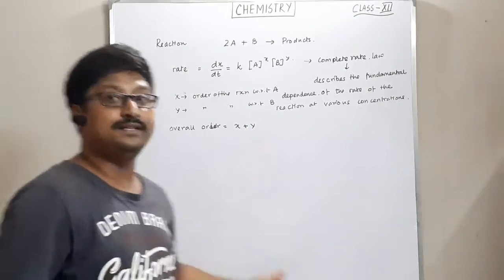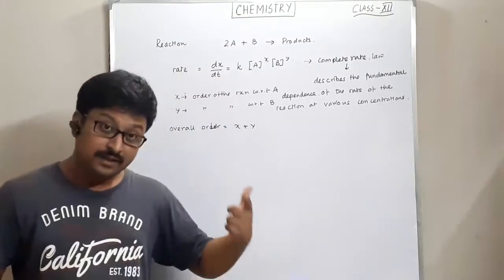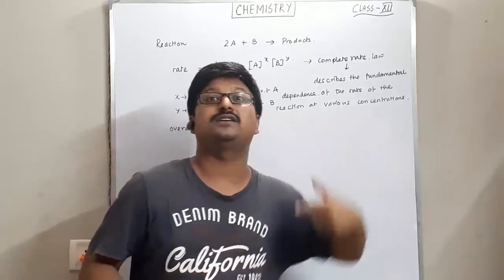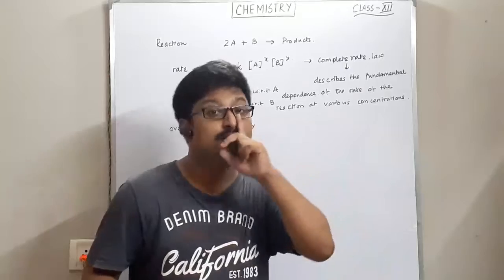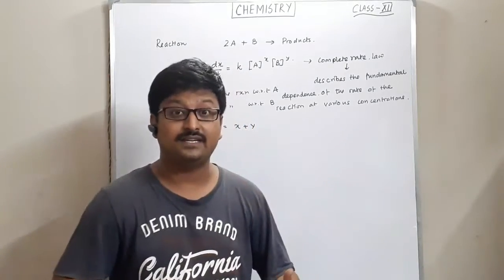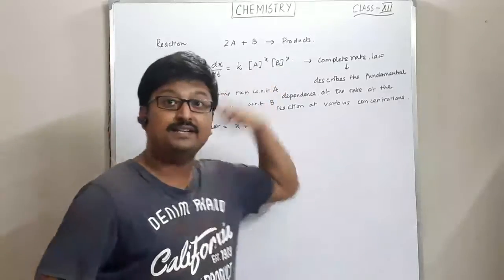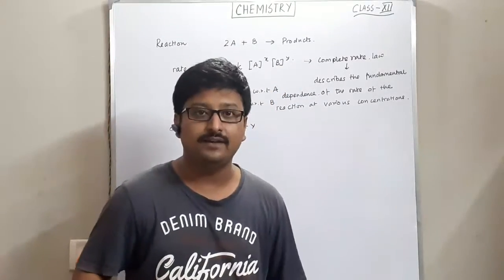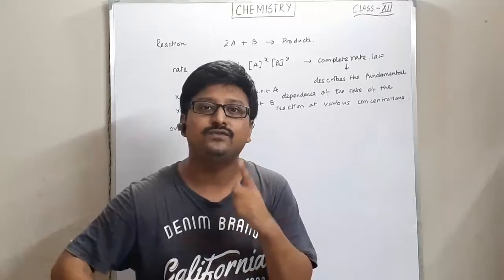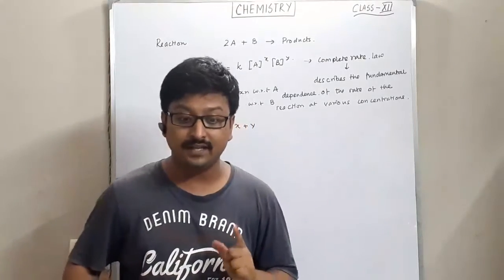So this x plus y dependence gives you how the rate of the reaction varies when you put this power on the concentration of the reactants. That actually gives you the rate law. This is the important thing here.